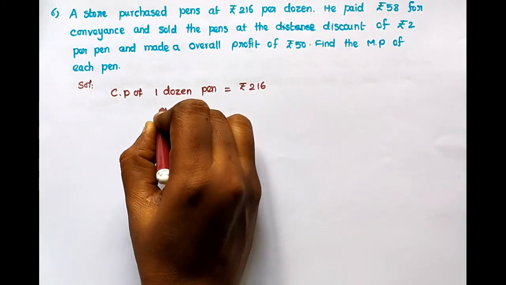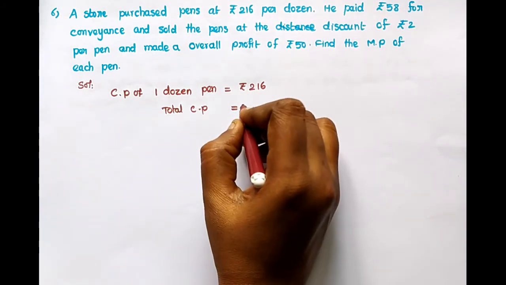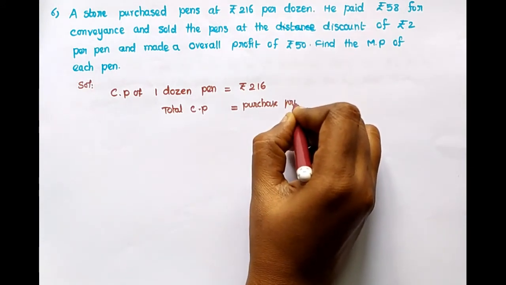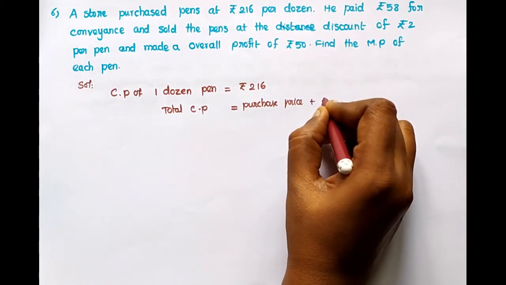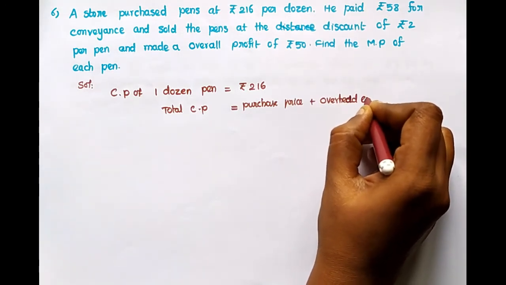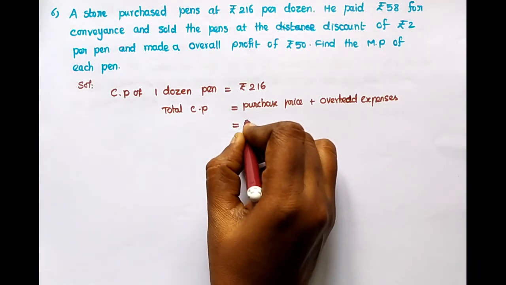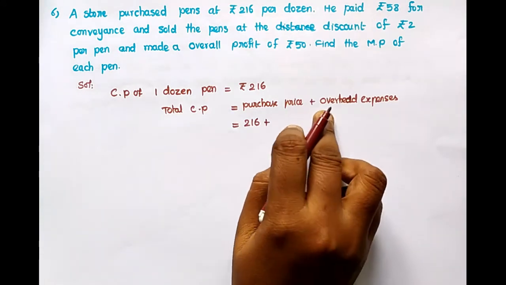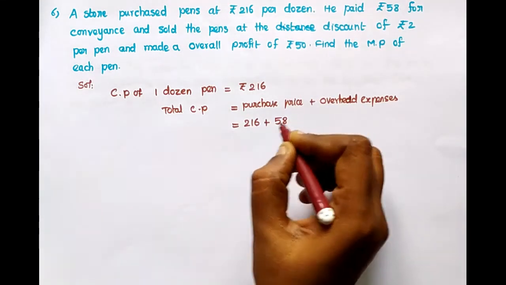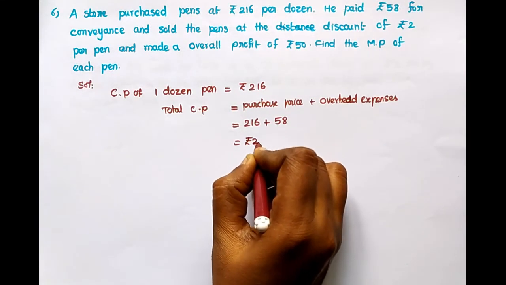So total cost price equal to purchase price plus overhead expenses, that is equal to 216 plus conveyance rupees 58. So totally the cost price is rupees 274.